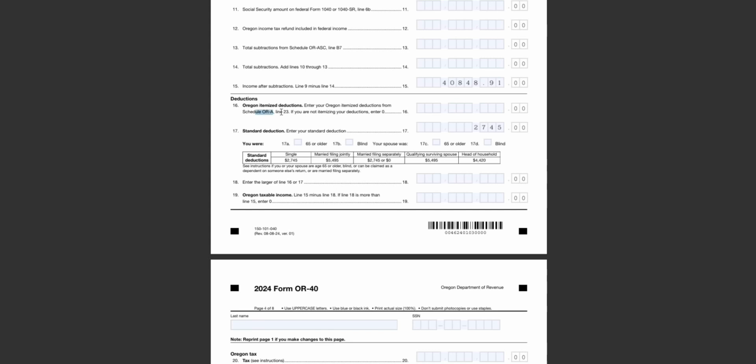So you'd have to fill out the Oregon schedule, which is ORA, and then you would have to go through and figure out what your itemized allowable deductions in the state of Oregon are going to be. And if it is more than the standard, then you're going to use the larger amount. So in my case, I'm not itemizing my deductions. I also know that I wouldn't qualify for those itemized deductions in the state of Oregon, so I'm going to use $2,745 as my standard.